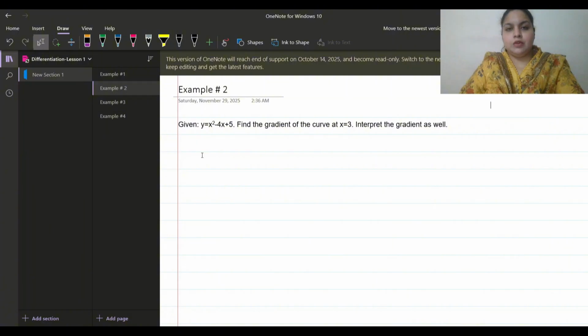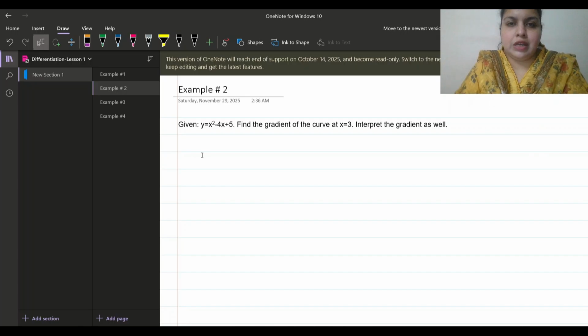Now here we will use differentiation as a tool to find an equation, and then we'll put in x equals 3 to find the exact value. So let's start. First, you need to find the derivative of y.